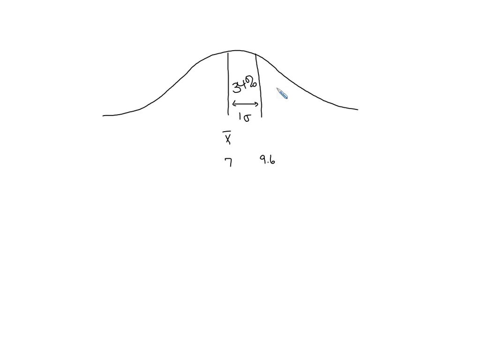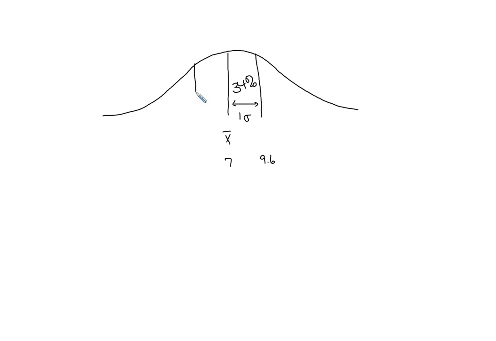between 7 and 9.6 is 34% of our data in a standard distribution. So if we were looking at grades in a class, and let's say it was a normal distribution, we would expect that between 7 and 9.6 out of whatever it was out of on our test, we would find 34% of the students scored in that range.